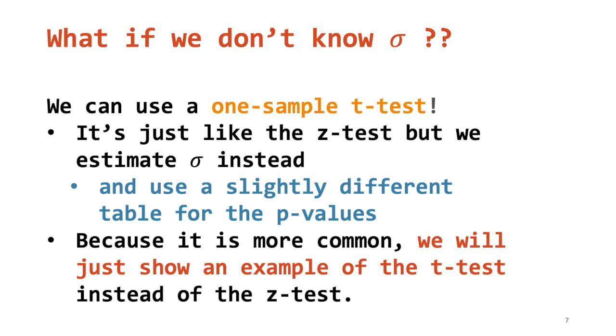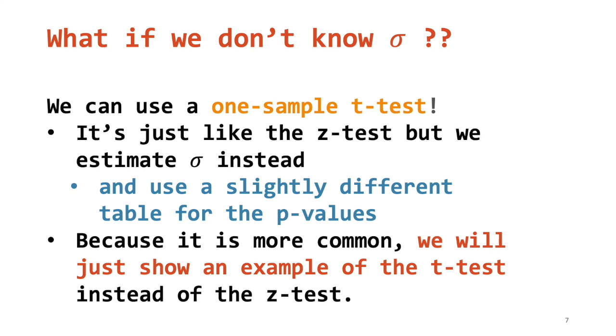It's just like the z-test, but we're going to estimate the sigma, the standard deviation, instead of using what we already know. And because we're just estimating this, we use a slightly different table for the p-values. It's going to be very similar to the standard normal, but it's going to be slightly different.